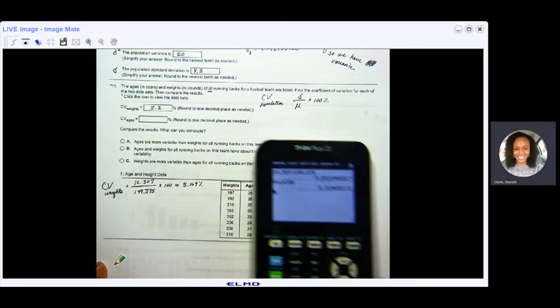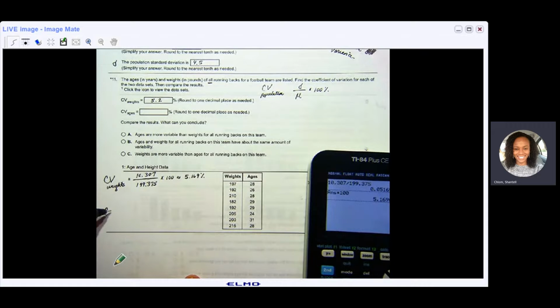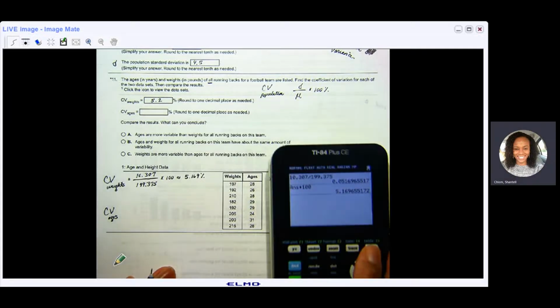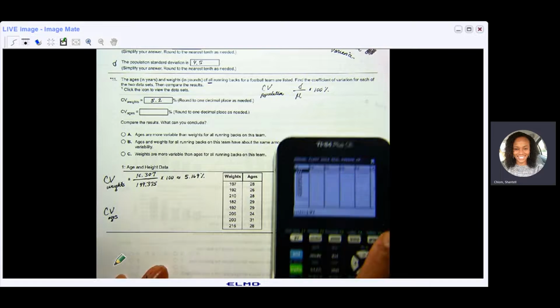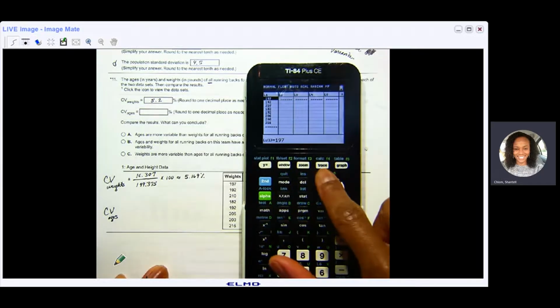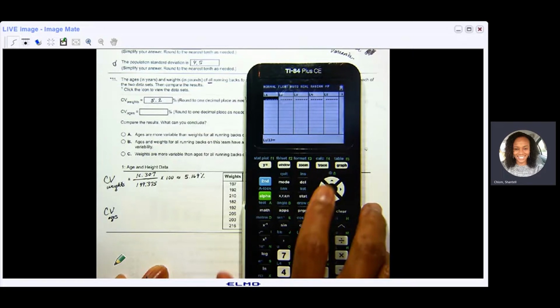Then we're going to do the same thing for the ages. So we'll put the ages into our calculator, into our list. So I press Stat again. Edit is highlighted. I'm going to edit by pressing Enter. And remember how we cleared the list? You go up to the name, you press Clear, Enter.